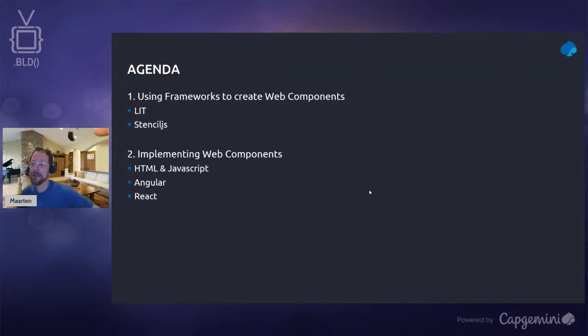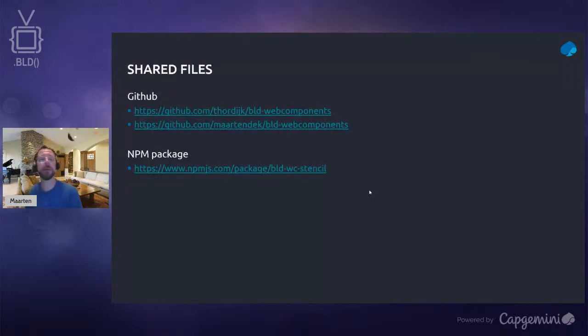And then we'll be implementing them as well. We have a React application kind of similar to what Ton has been showing, and we'll have a look at some Angular, and we'll have some fun throughout the process, I guess. Let's see what we can come up with.